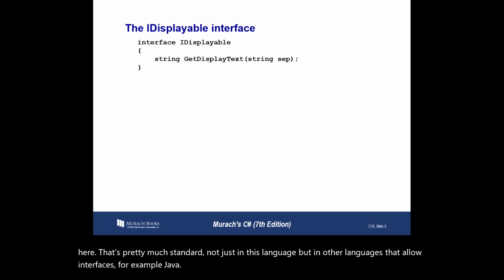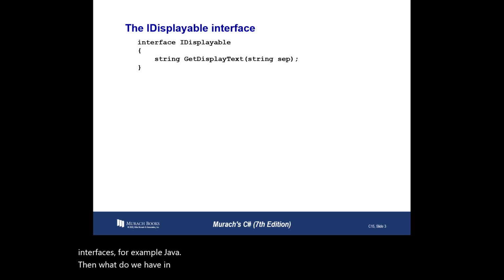Then what do we have in here? It looks a little bit weird because all we have in here is the name of a function, GetDisplayText, the return type for the function, string, and the fact that it takes one argument, another string that here is called sep.